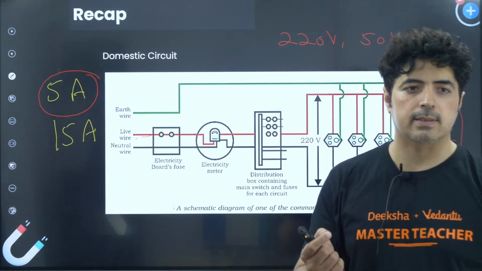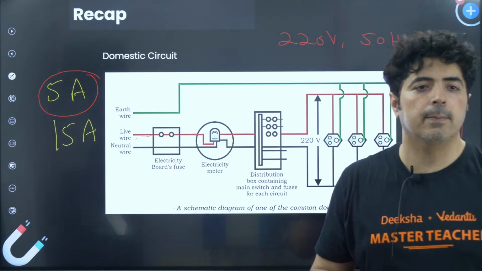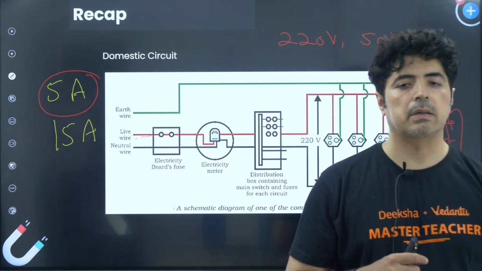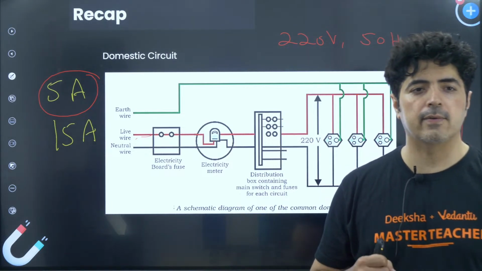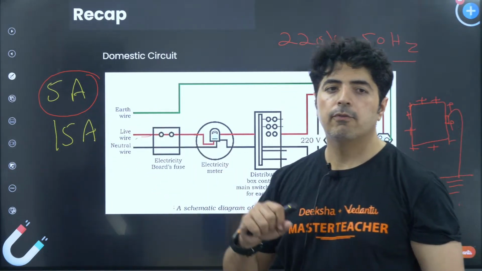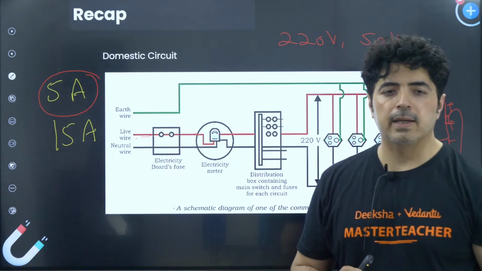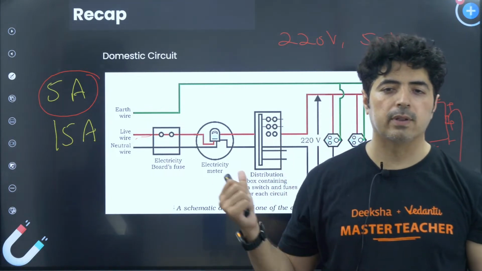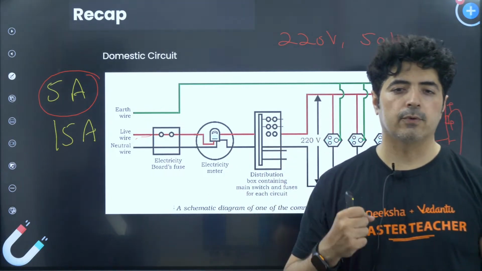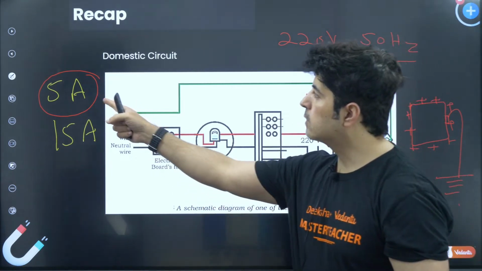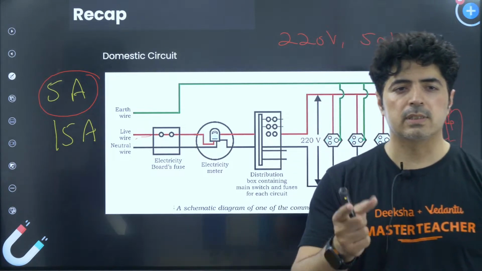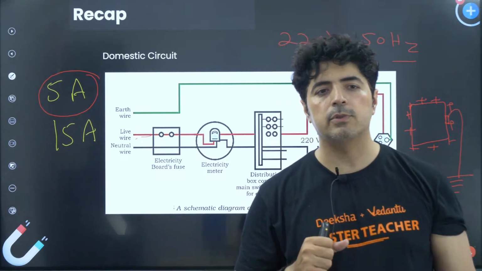Whenever there are heavy appliances like an electric motor or air conditioner, we use 15 ampere. For light appliances like your TV, mobile phone charging, fan, light, we use 5 ampere.